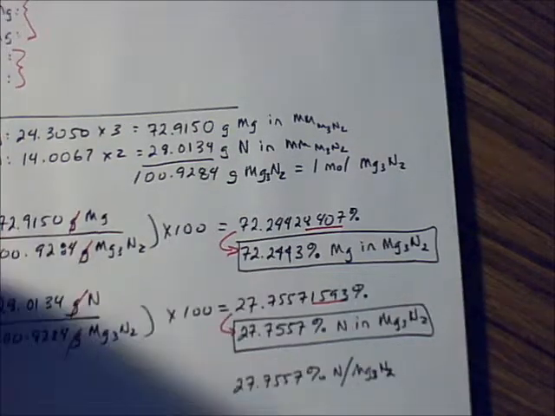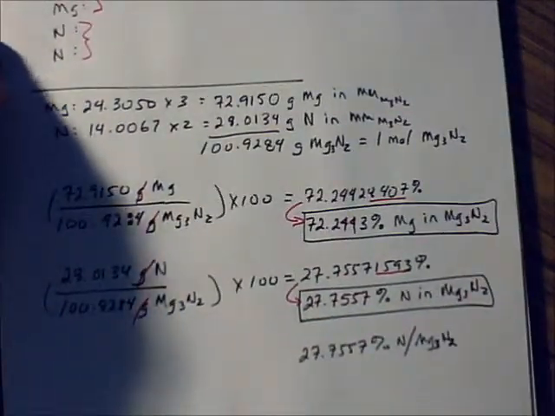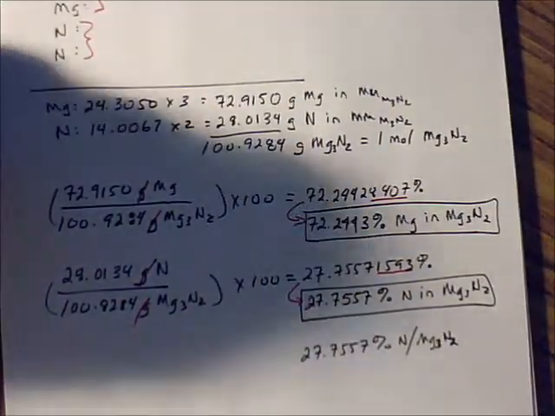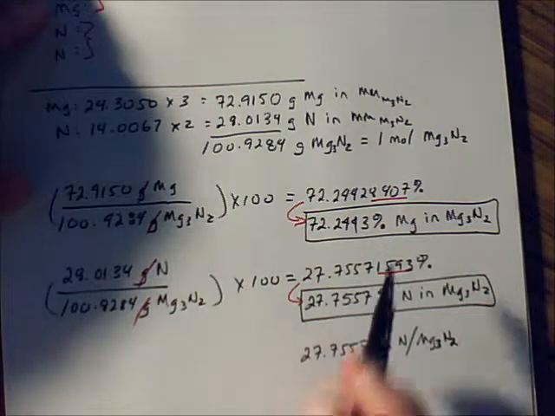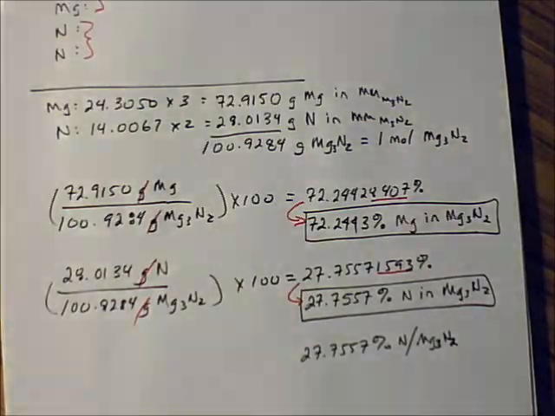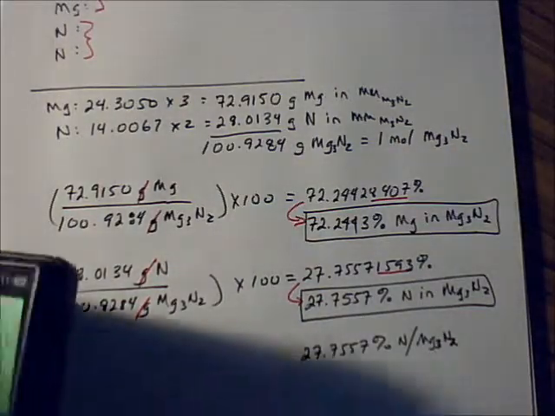But what you said there brings up a very interesting point. Here's how you check your work: add the percentages together. Everybody put it in a calculator and add your percentages together and see what you get.